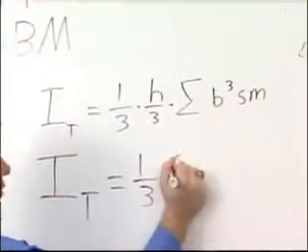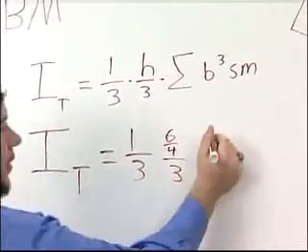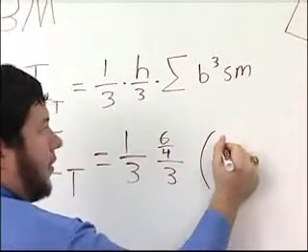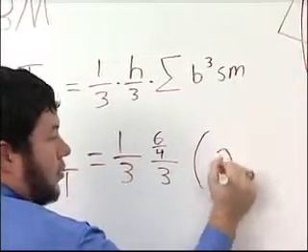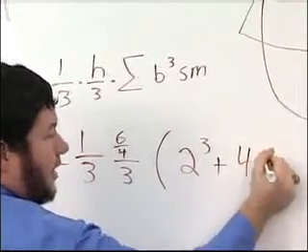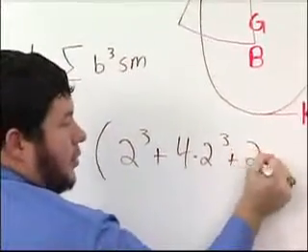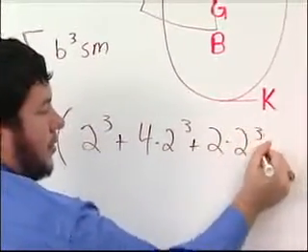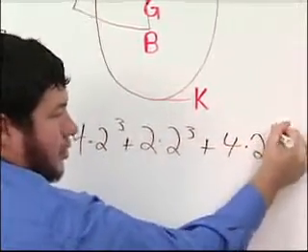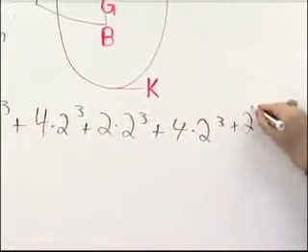Plug in 6 over 4 for h here, and a 3 here. And then we'll multiply by the quantity of 2 cubed plus 4 times 2 cubed plus 2 times 2 cubed plus 4 times 2 cubed plus 2 cubed.